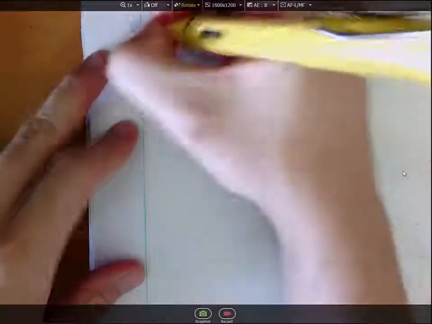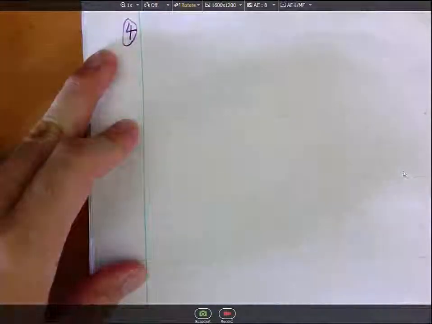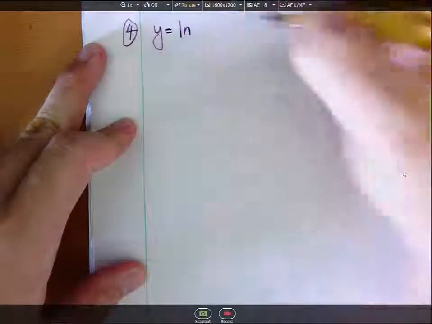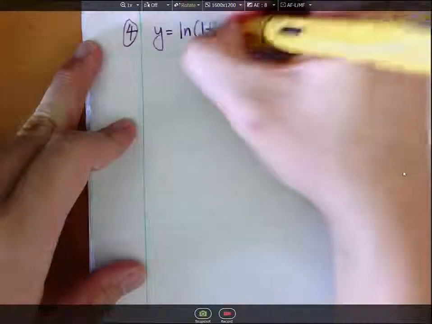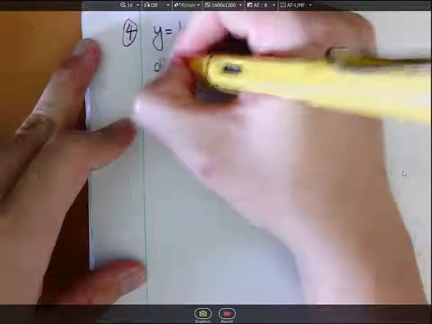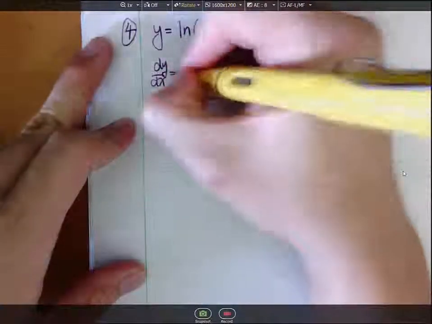Example 4. y equals ln of (1 plus sine x). Again, same idea that we have been doing so far.